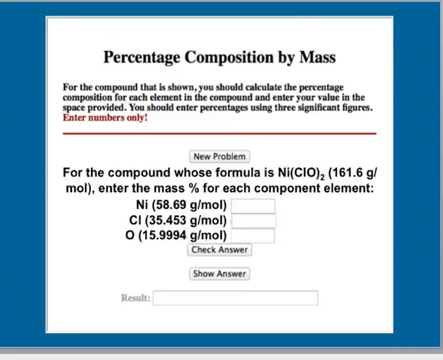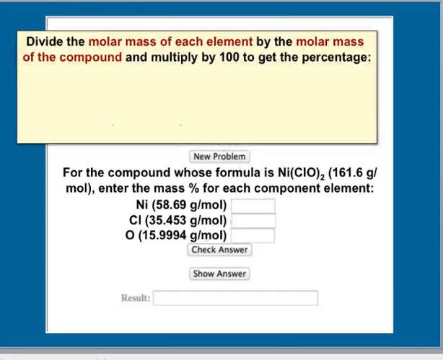But in this tutorial, all we have to do is figure out the mass percent for each of these guys in our compound. Now this isn't tough. We know our mole ratio of nickel in this is 1 to 1, right?